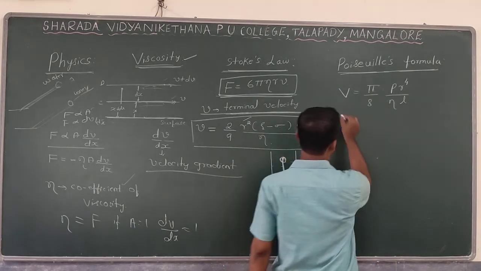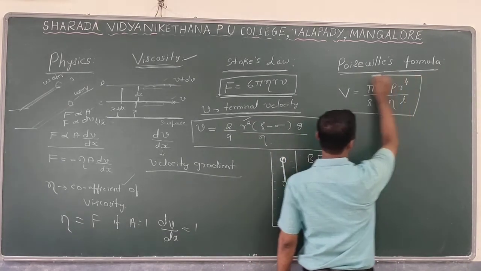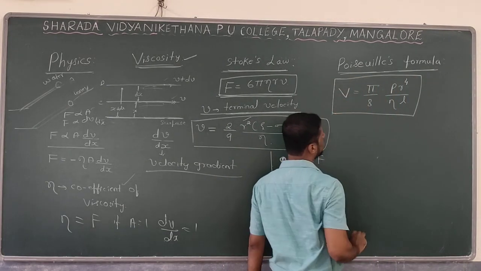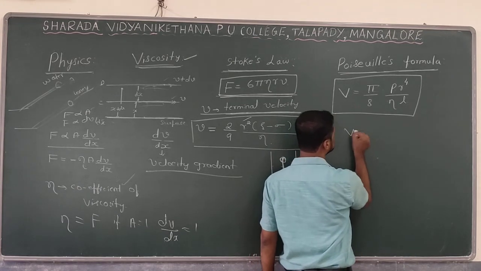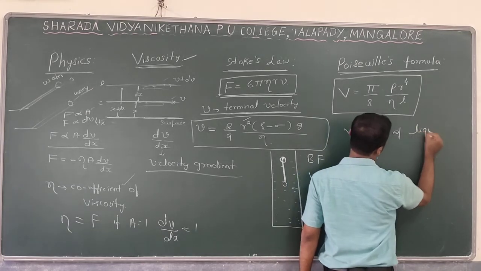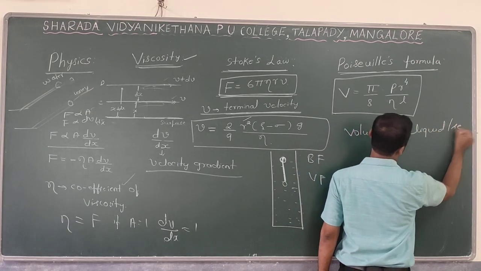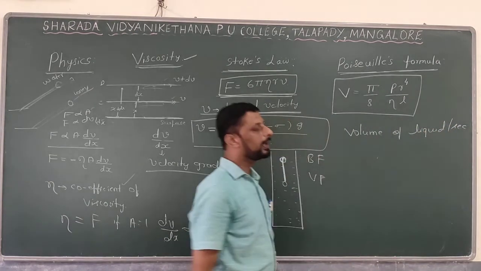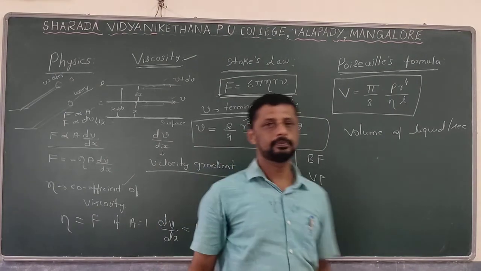This gives the volume of the liquid flowing per second through the tube.